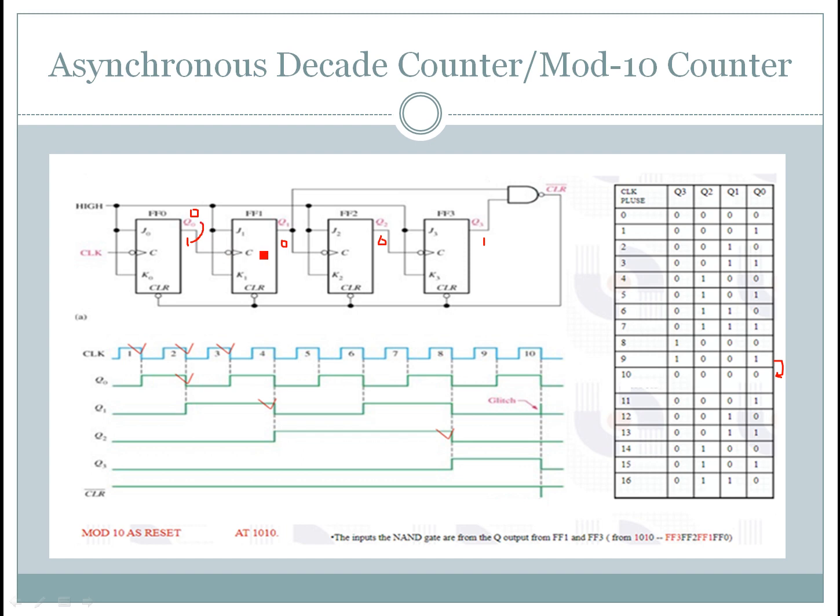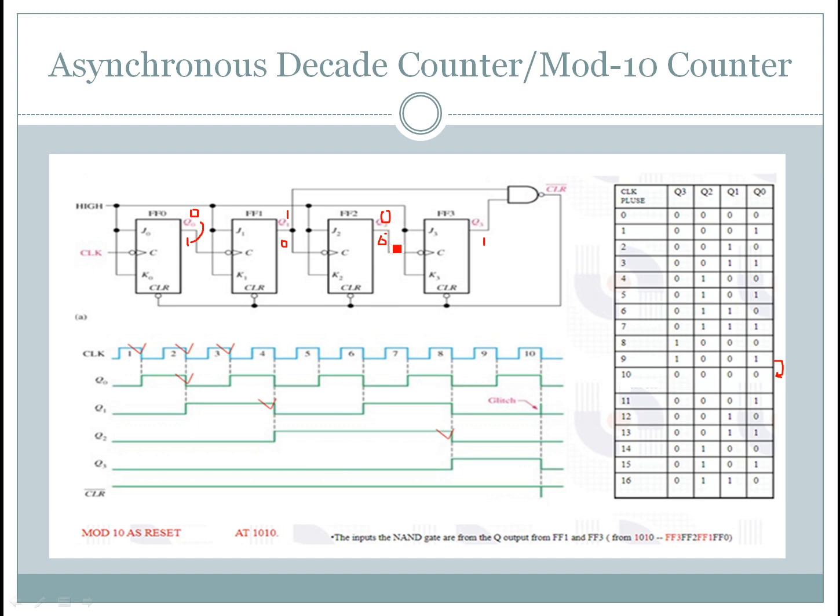So FF1 also changes its state from 0 to 1 now. And this 0 to 1 is a positive edge, so FF2 will not change its output state. It retains its previous state, that is 0 only.